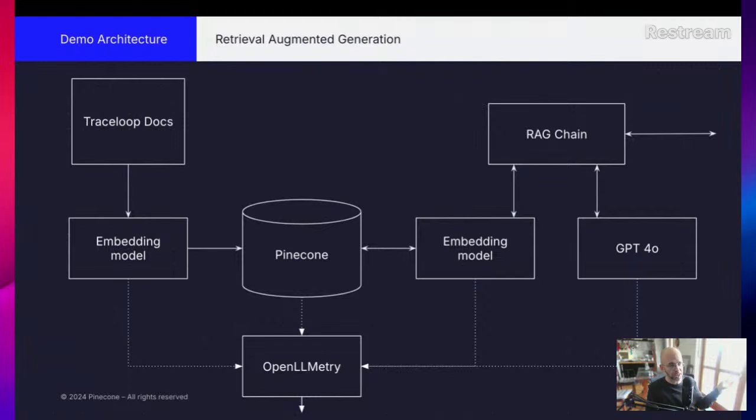When the user asks a question in a chatbot we built, we embed that question, send it to Pinecone, get some relevant context, and then use GPT-4o to get an answer based on the context we've gotten back from Pinecone. The context is coming from documents from the Tracelab docs. And everything is observed with OpenTelemetry.